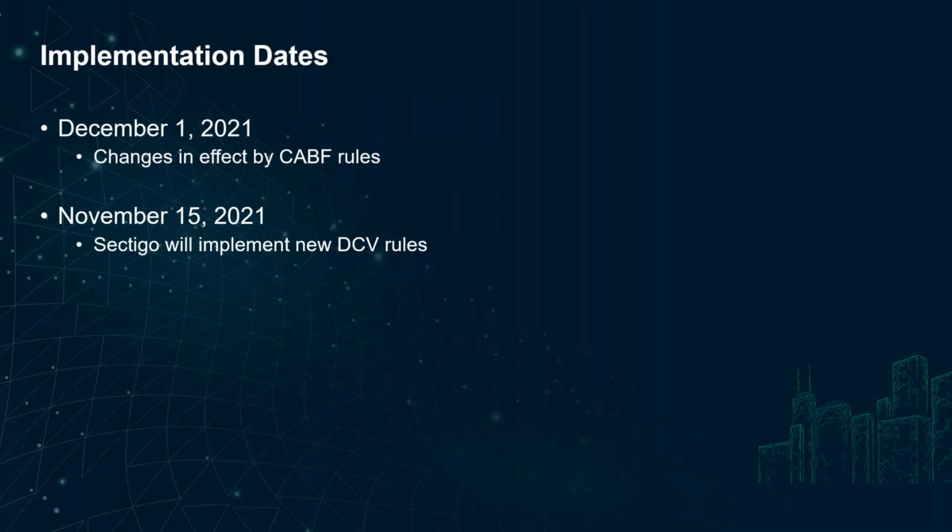So starting November 15, 2021, we will be living by the new DCV rules, even though there is in principle half a month in there whereby we could do DCV the old way. And that'll help all of our customers get adjusted, and that'll help us know that there's no unexpected behavior with systems or anything along those lines. So as of November 15, we are enforcing the new DCV rules.